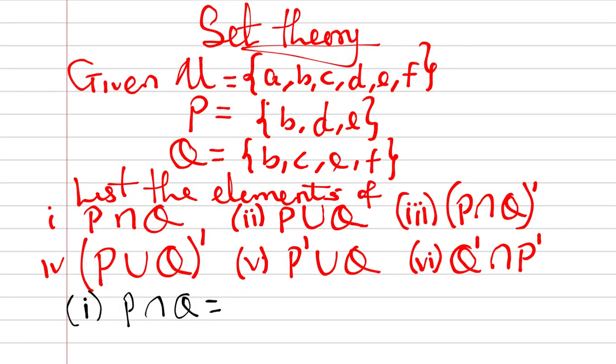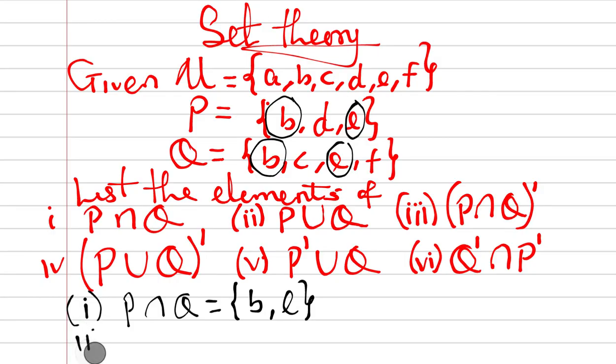Now if you look here, you can see that B is in P and B is in Q. So the first intersection there is B. Comma. Is there any other thing that is common there? Yes, E is also here. So E is also common there. Is there any other thing common there? No. That is the intersection of P and Q.